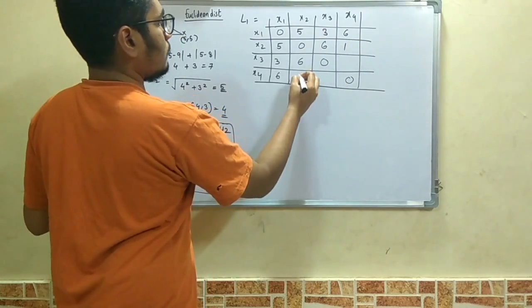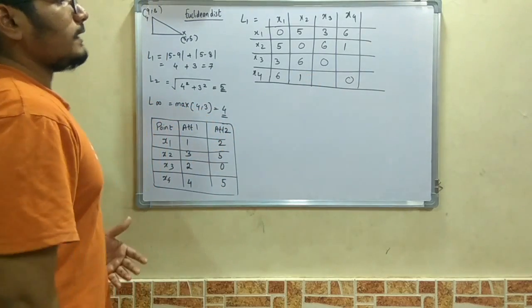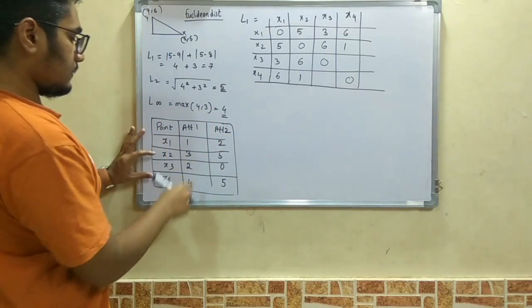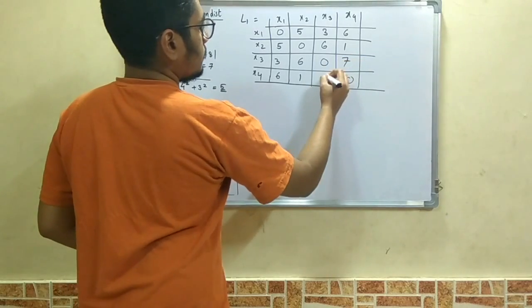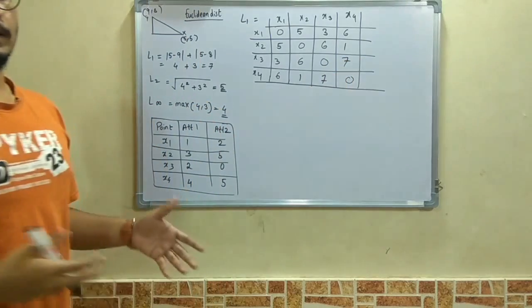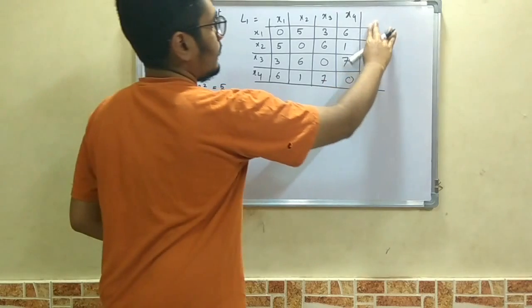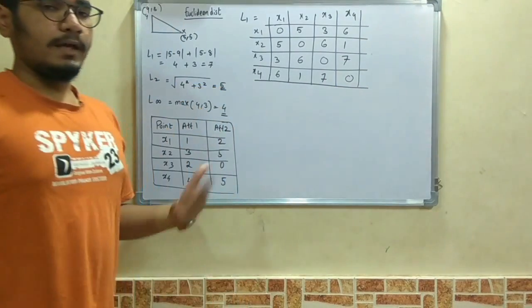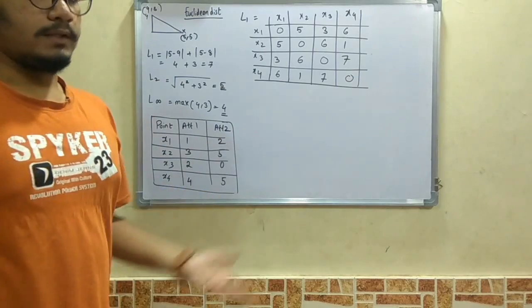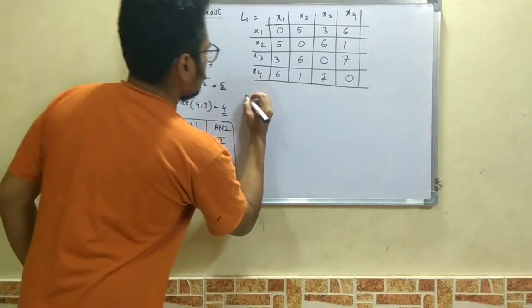Next is x3, x4, only one value left: 2 plus 5, that is 7. So this is a shorthand table, you can fill it very fast. So this is the L1 norm. Based upon the Manhattan distance, we'll calculate the L2 norm.